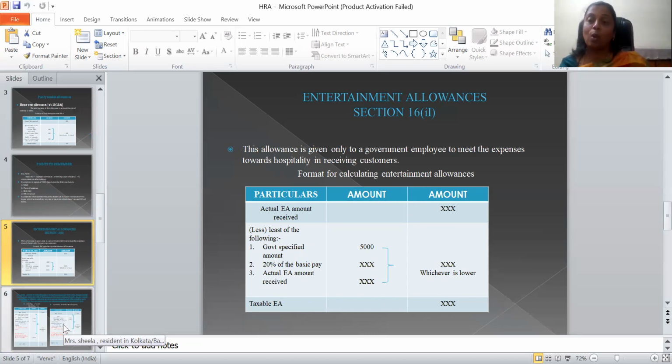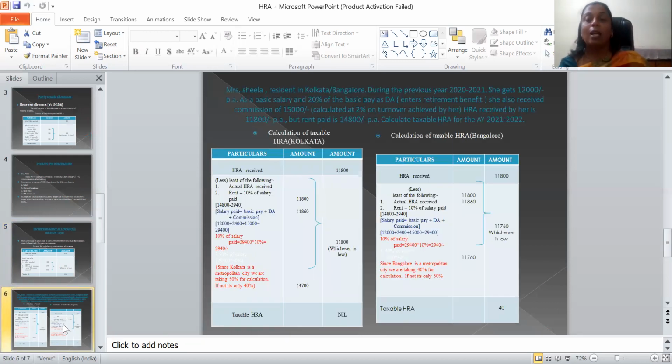So let us take a small example for HRA calculation and check what the taxable amount of HRA is for Mrs. Sheila. Mrs. Sheila resides in Kolkata or Bangalore. We will check what the impact is if she is residing in Kolkata, and what the impact is if she is in Bangalore. During the previous year 2021, she gets 12,000 per annum as basic salary and 20% of basic pay as dearness allowance, which enters the retirement benefit.